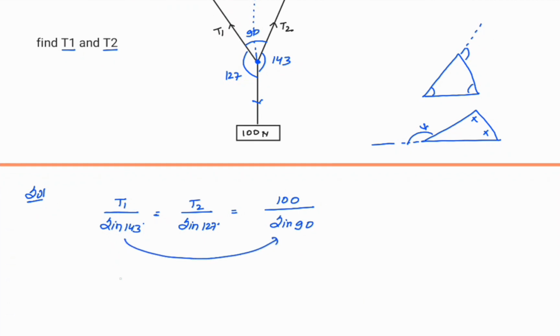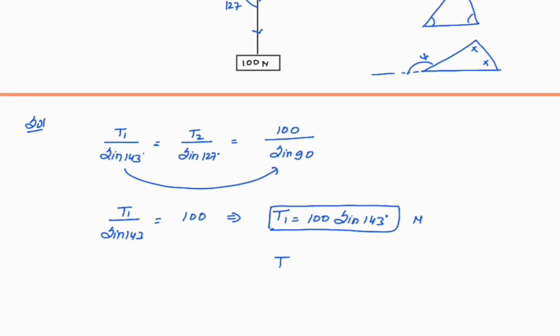Equate these. It means T1 divided by sine of 143 will be equal to 100 because sine 90 is going to be 1. It means the value of T1 is going to be 100 sine of 143 Newton. This is the value of T1.